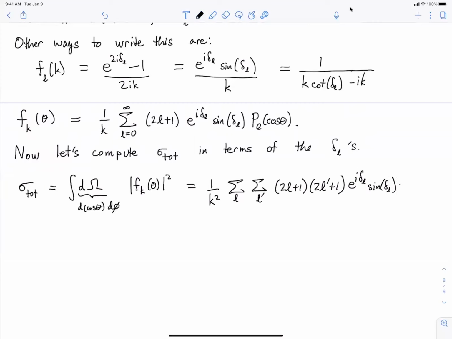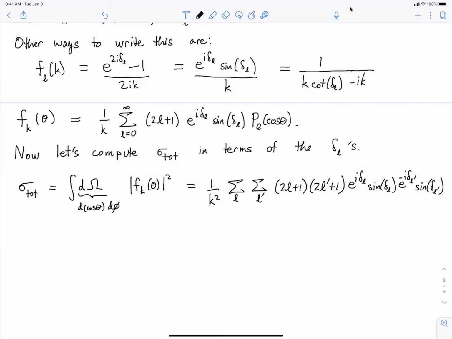But now there's an e to the i delta_l prime, sine delta_l prime. So we're working hard to make sure we don't get our l's and l primes confused. Except I did one thing wrong, which is when I square this thing, one of them is going to have a complex conjugate. Let it be the e to the i delta_l prime, which should have a minus sign there.